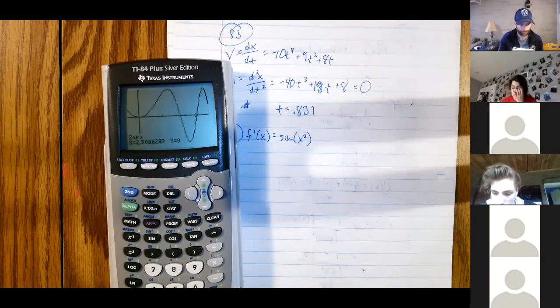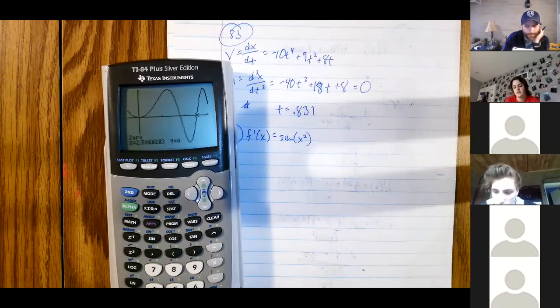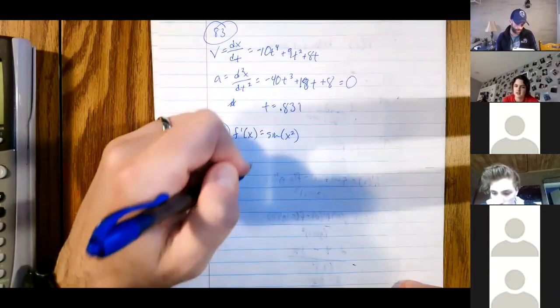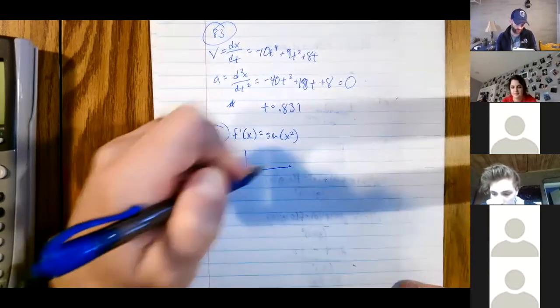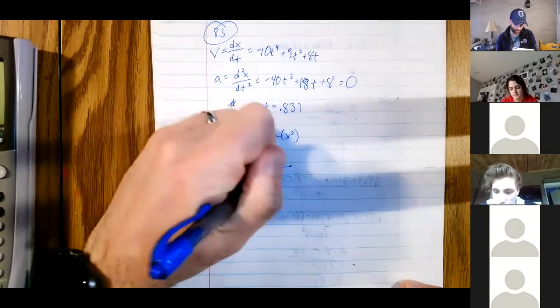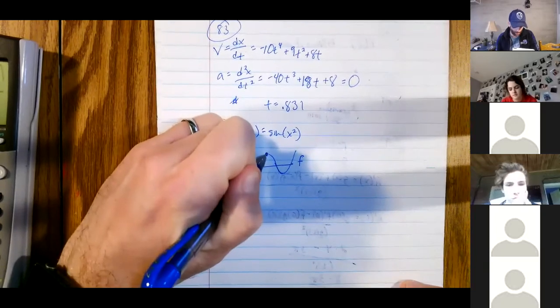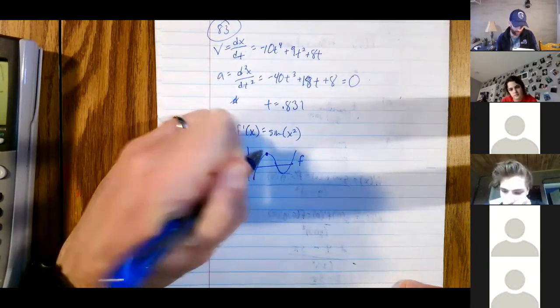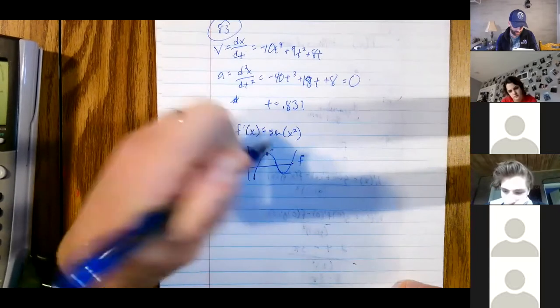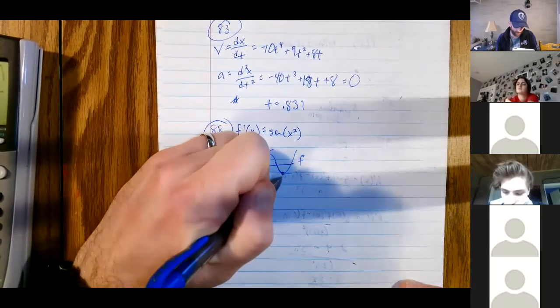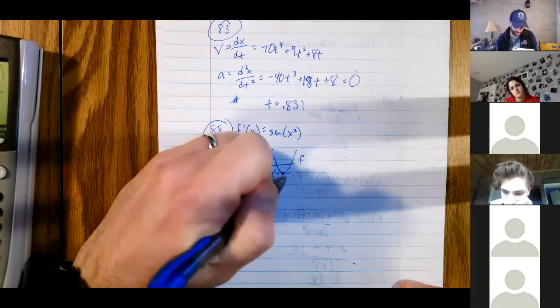Wait, I thought local mins and maxes have to do with f double prime, right? Remember, if I'm looking at a graph of f, right here is a local maximum because f prime changes from positive to negative. Here is a local minimum because f prime changes from negative to positive.